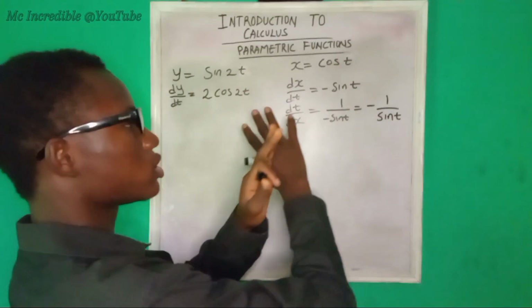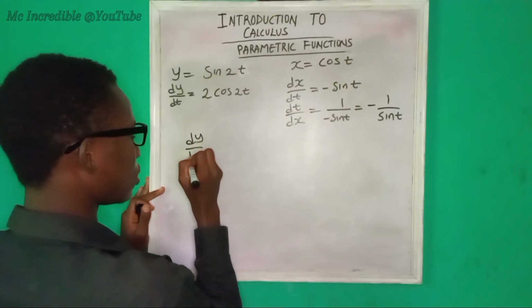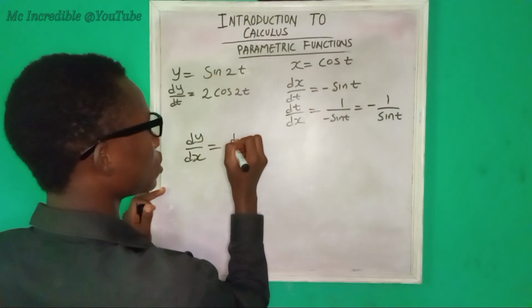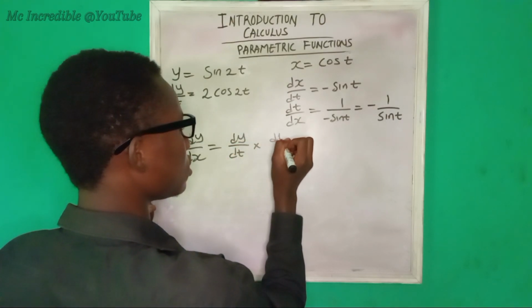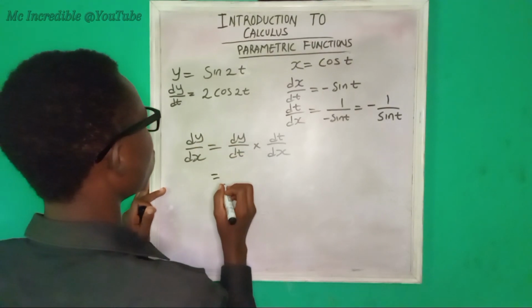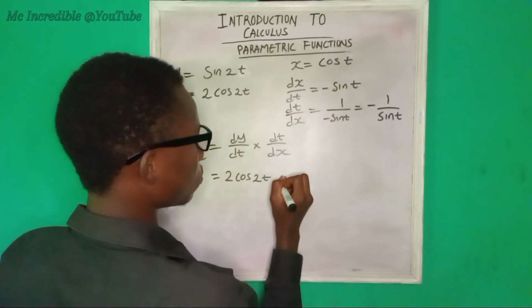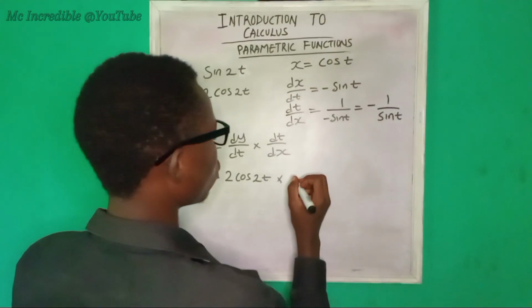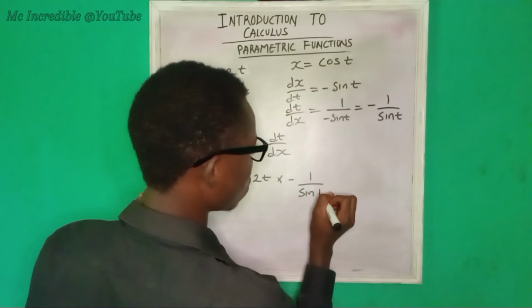So now that we have all our values, we use our formula, which is dy/dx is equal to dy/dt times dt/dx. dy/dt is 2 cos 2t multiplied by dt/dx, which is minus 1 over sine t.